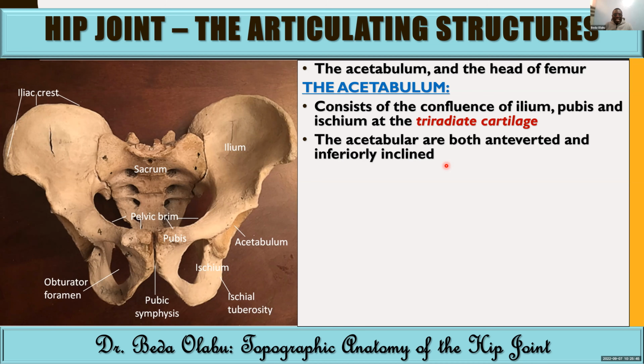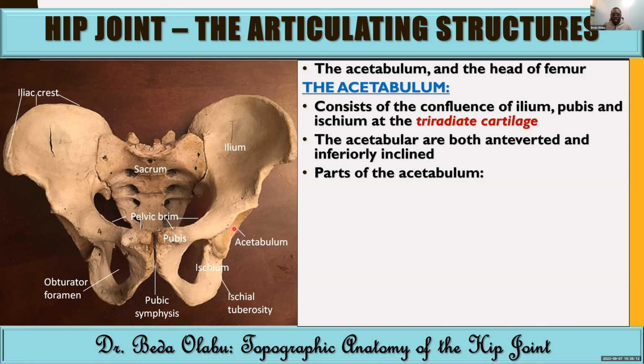They face slightly forwards, and that is why we're able to see that when the pelvic bone is put in a neutral position. So they face slightly anterior. We are saying they face anteriorly, but they also face slightly inferiorly. They face downwards. So that is one acetabulum, that's the other acetabulum.